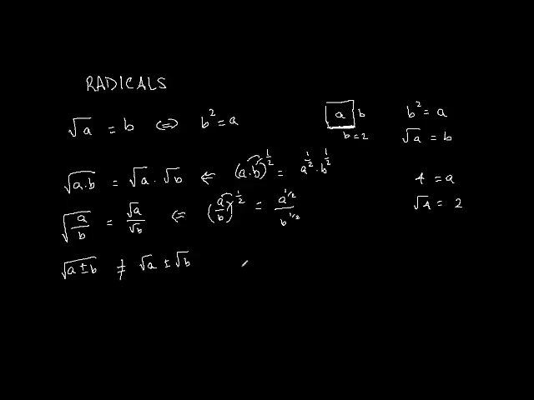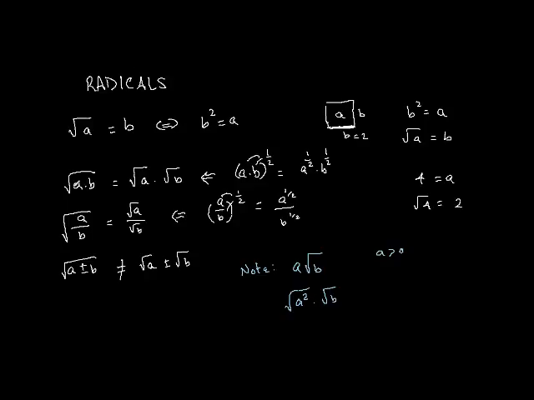Make a quick note. I'm going to make this note in a different color. So note, if I have a times the square root of b, and of course a is a positive number, so a is greater than 0, then I can write a as a squared square root, right? So this is the same thing as a times the square root of b.